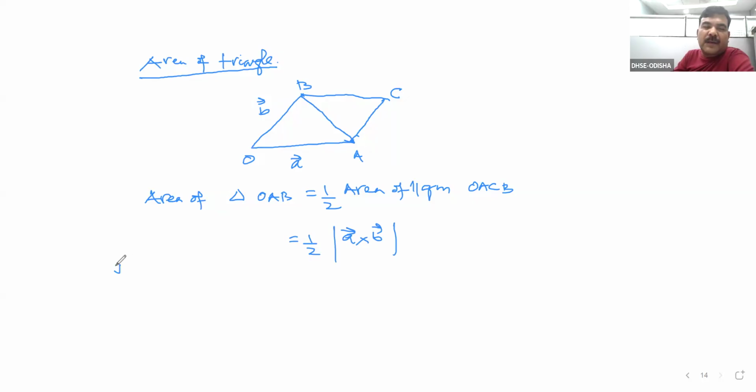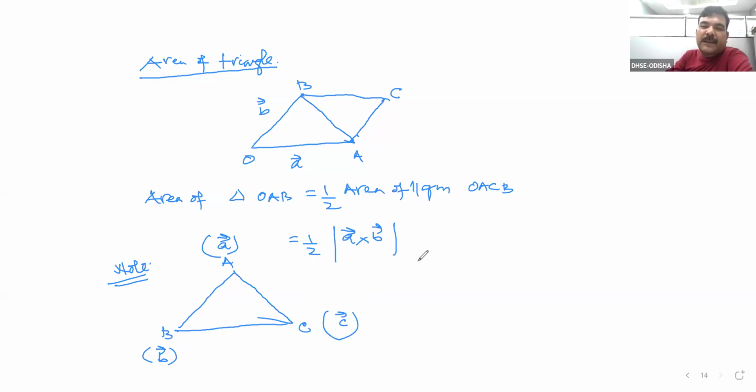Coming to the note point: let ABC be a triangle. So this is vertex A, this is vertex B, this is vertex C. Let the position vector of vertex A be A bar, of vertex B be B bar, and of vertex C be C bar.